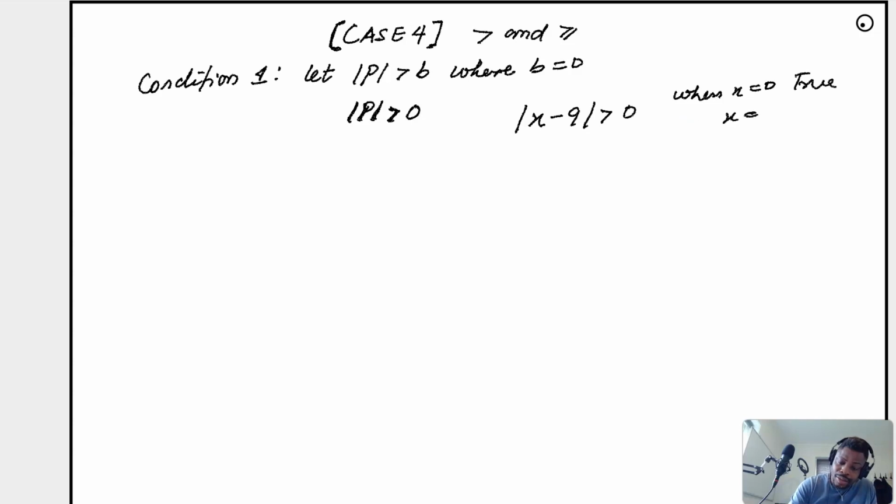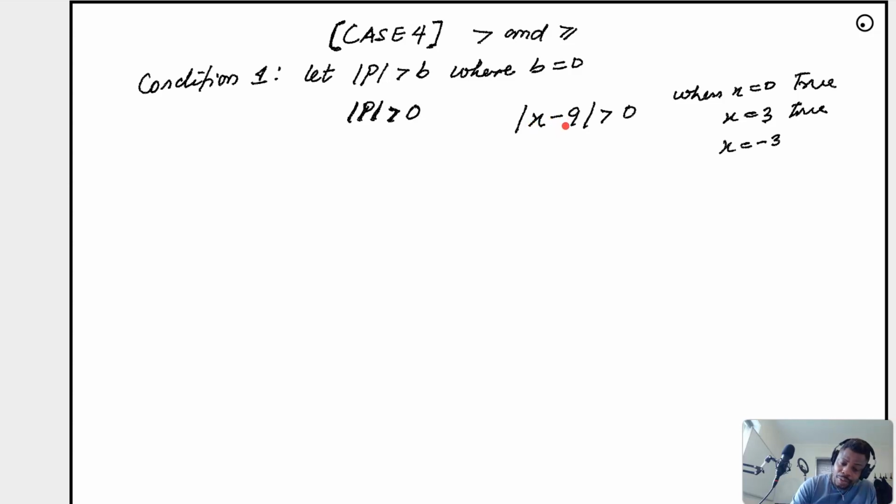When x is equal to, let's say, 3, 3 minus 9, that is minus 6. Modulus of minus 6, that is 6. 6 is greater than 0. That is true. Let's use negative. Minus 3 minus 9, that is minus 12.